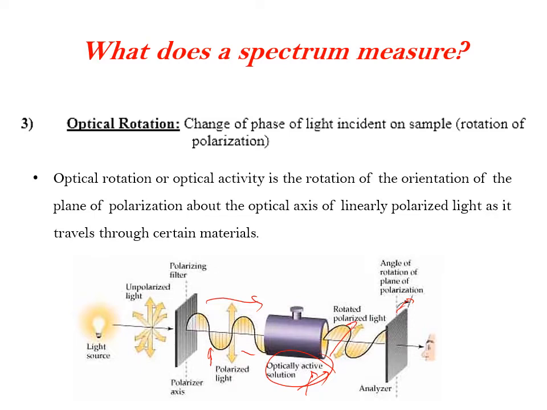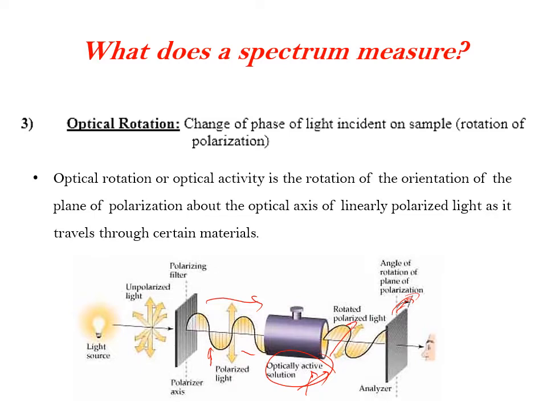Since specific molecules have a specific optical rotation or polarizing angle, identifying that polarizing angle for a specific molecule means identifying that specific molecule in the solution. So optical rotation is another method of identifying the molecular structure or the concentration of molecules in a sample.